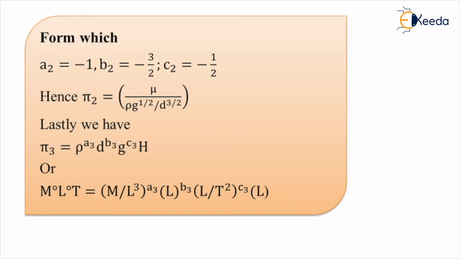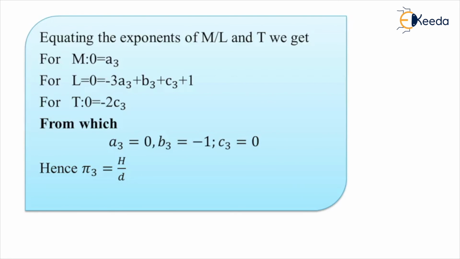Lastly, we have pi 3. Similarly, we calculate the dimensions of pi 3, which is M raised to 0, L raised to 0 and T raised to 0, equal to M upon L cube raised to a3, L raised to b3 and L upon T square raised to c3 into L. By equating the components of M, L and T, we get for M, a3 is equal to 0, for L, minus 3a3 plus b3 plus c3 plus 1 is equal to 0.